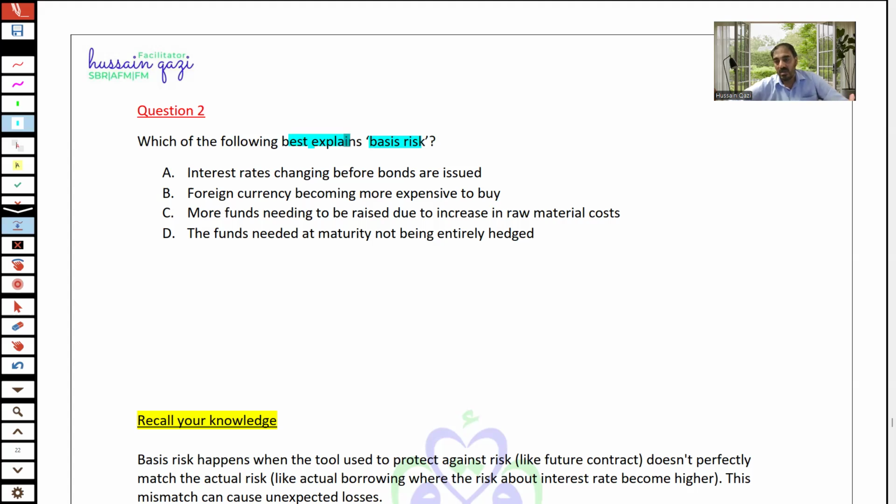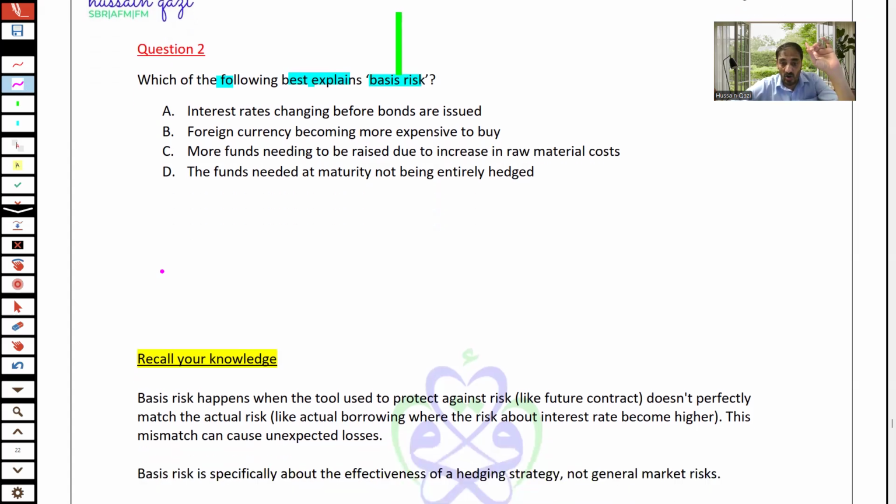Number three, what does the examiner ask here? Which of the following statements? The very important point is you need to recall your knowledge about basis risk. What is the meaning of basis risk?